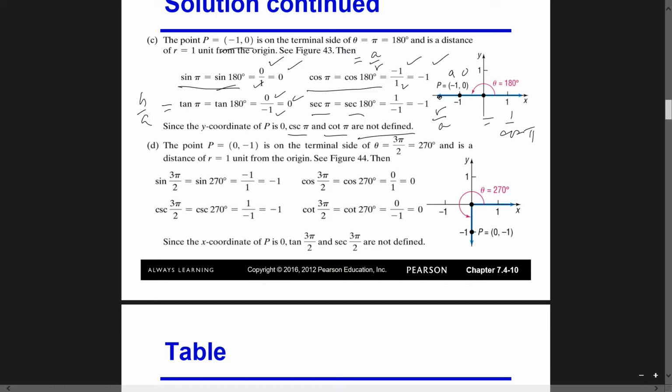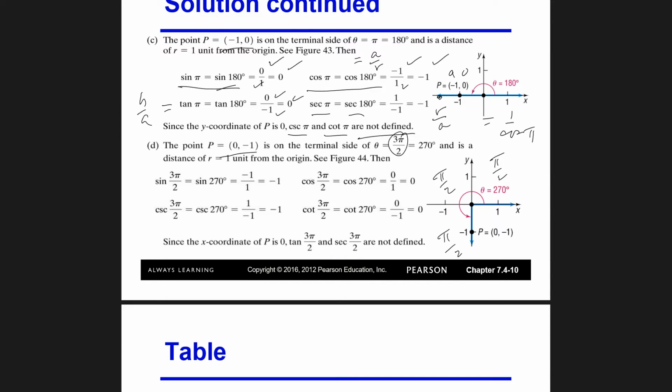Finally, let's get the point for 270 degrees, or 3 pi over 2. Notice that each quadrant is pi over 2 in its size, so this angle would be 270 degrees, or 3 times pi over 2. And the r is 1, a is 0, b is minus 1.